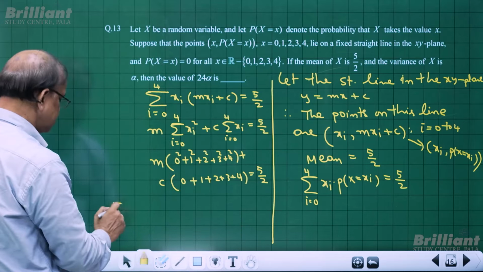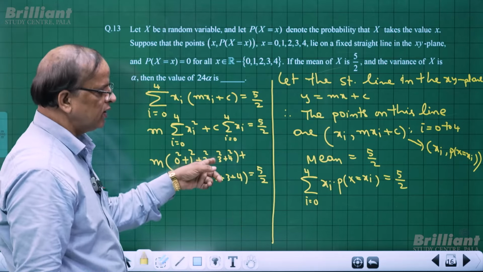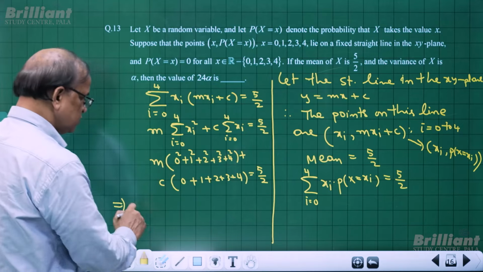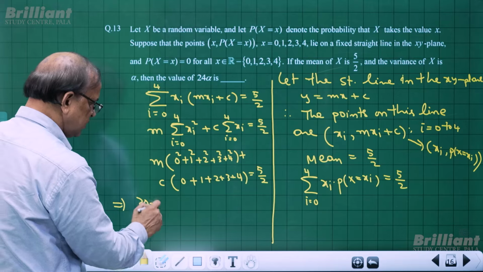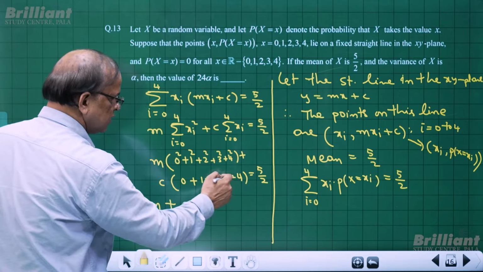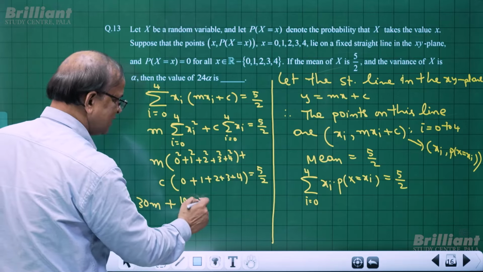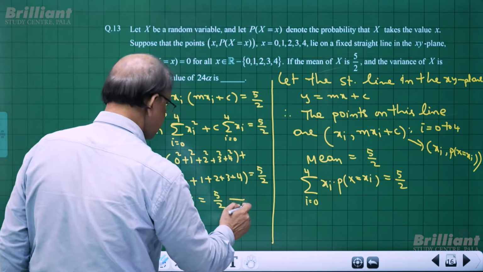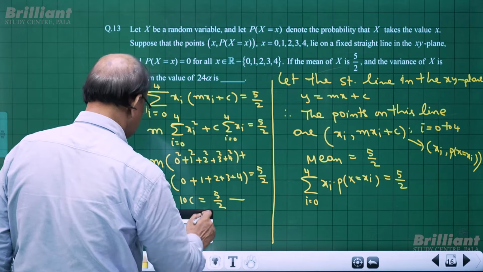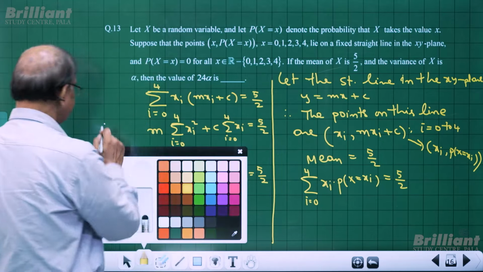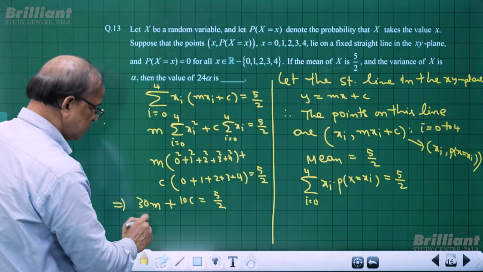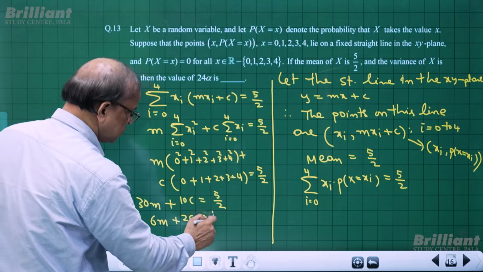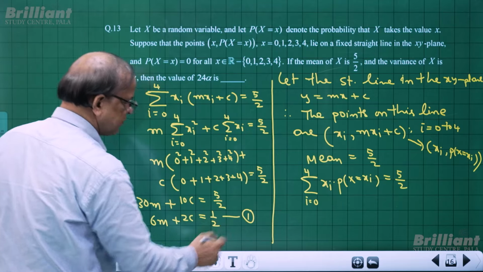This is 16 plus 9, 25, 29, 30. So 30m plus 10c is equal to 5 by 2, equation 1. You can cancel 5: 6m plus 2c is equal to 1 by 2, equation 1.